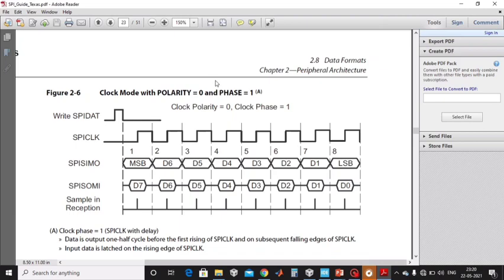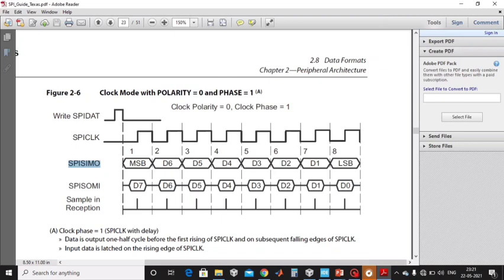But in SPI mode 1, phase is 1. Phase is 1 means the clock is 180 degrees delayed from the data. You can clearly see that the clock is delayed and the data is in an advanced state. So this shows the phase difference is 180 degrees between the clock and the master output.